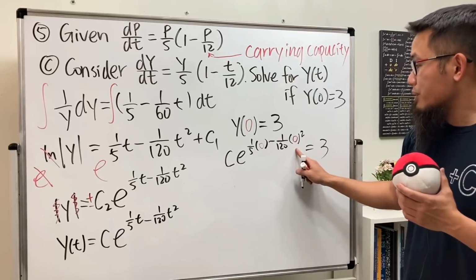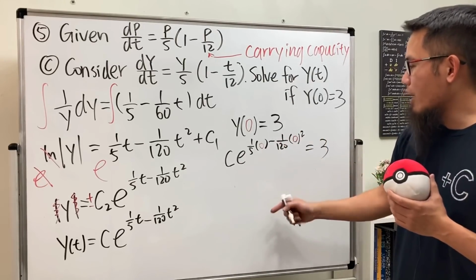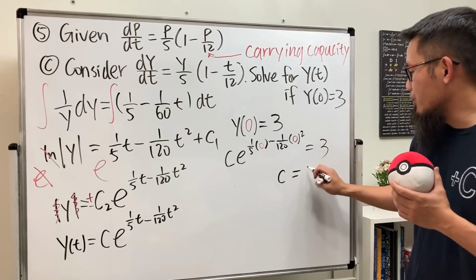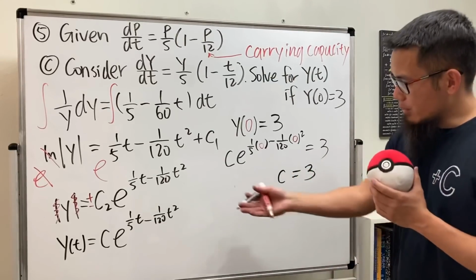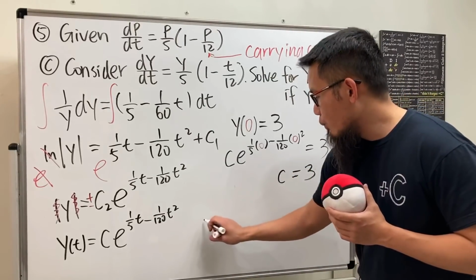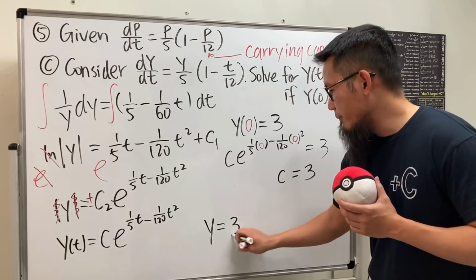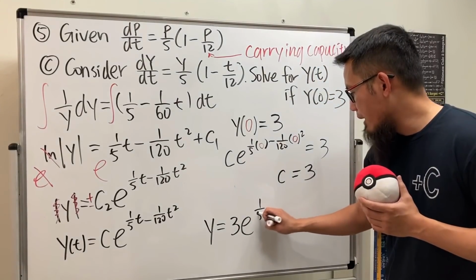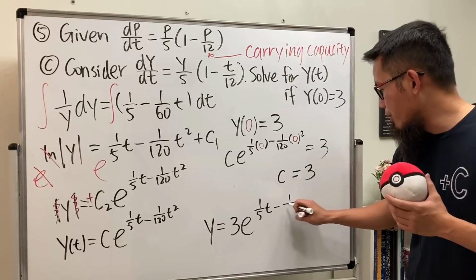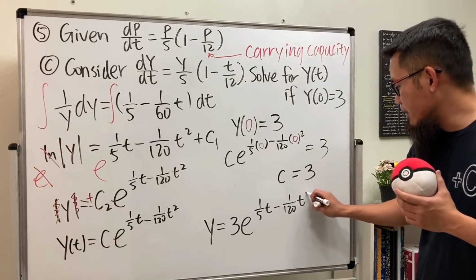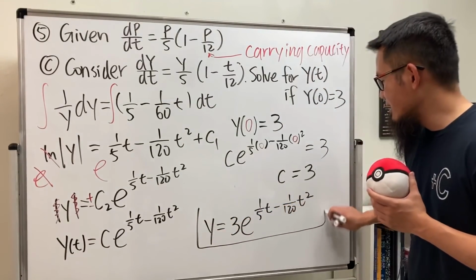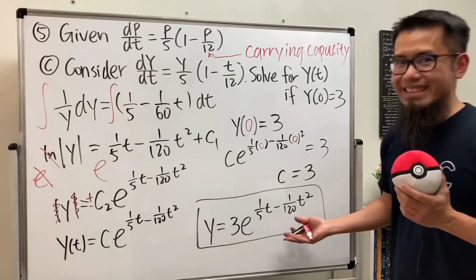This right here is just 0, and then we have e to the 0, which is just 1. So it's just c is equal to 3. Very nice. So finally, let's just put everything together. Y is equal to 3 e to the 1 over 5t minus 1 over 20 t squared. And ladies and gentlemen, this is it.